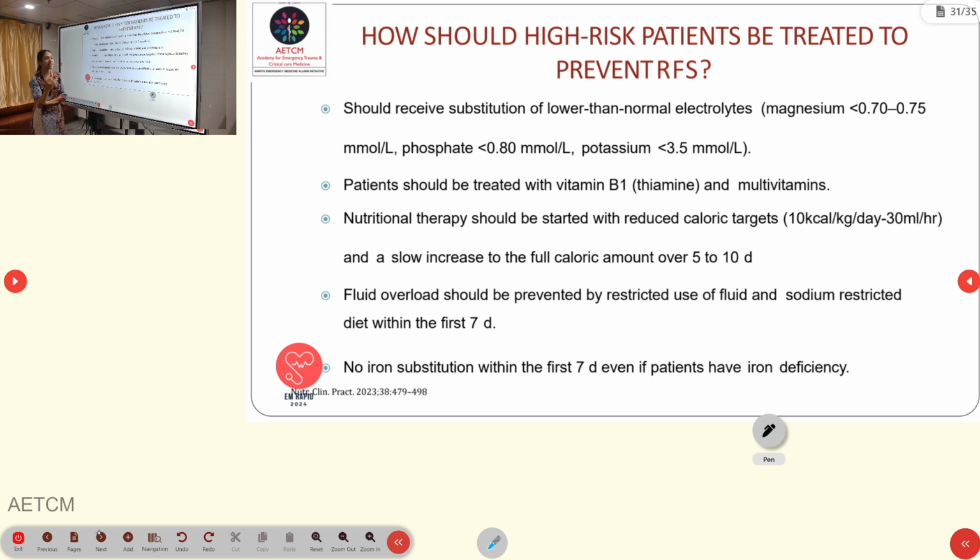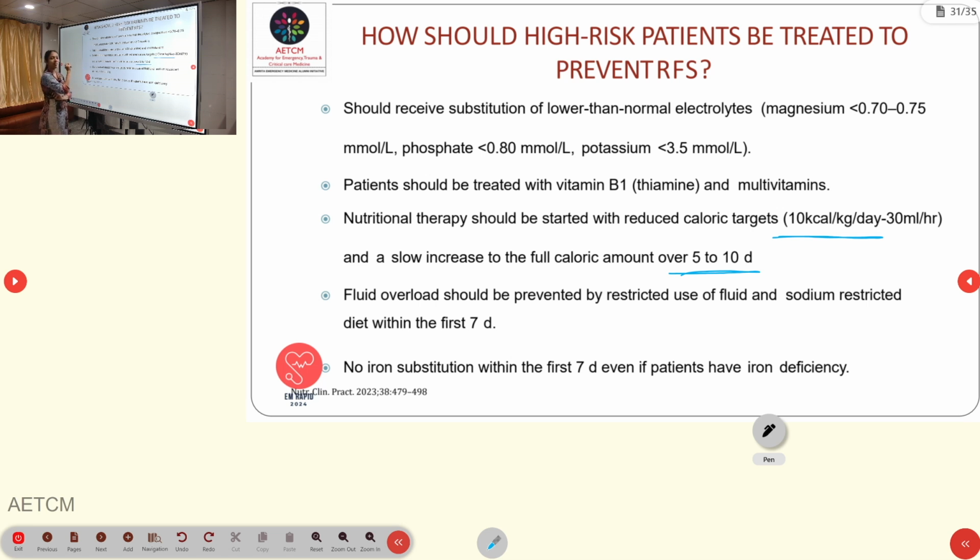So we will start with 10 kilocalories per kg per day, and we can start at 30 ml per hour. Like that, slowly we will be increasing as the patient is able to tolerate, and within 5 to 10 days we will plan to attain the patient's target calorie and nutrient requirements.